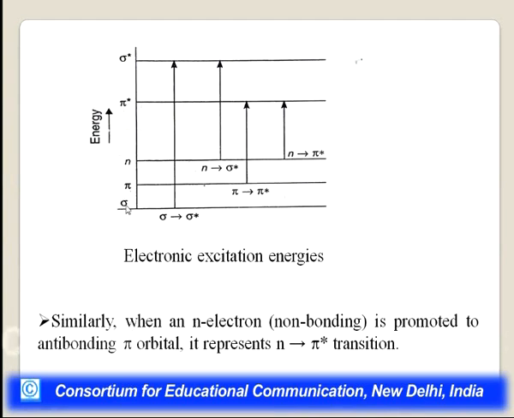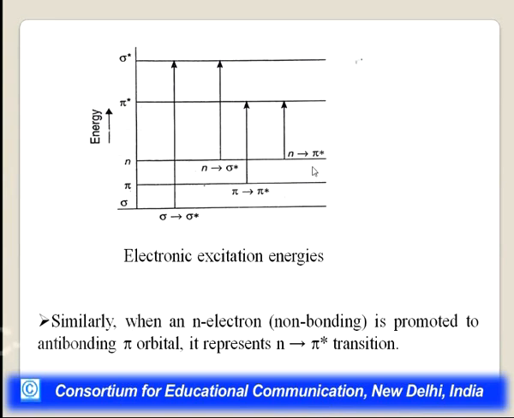If we talk about CH3CH2OH, ethanol, then along with sigma electrons, non-bonding electrons are also there on the oxygen atom. So the first transition is sigma to sigma star, and another one is non-bonding to sigma star. If we talk about ethylene, CH2=CH2, then a pi to pi star transition will be there, along with sigma to sigma star, because one sigma bond is there and one pi bond is there.